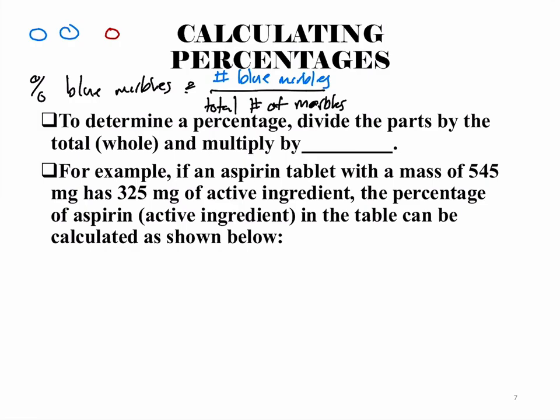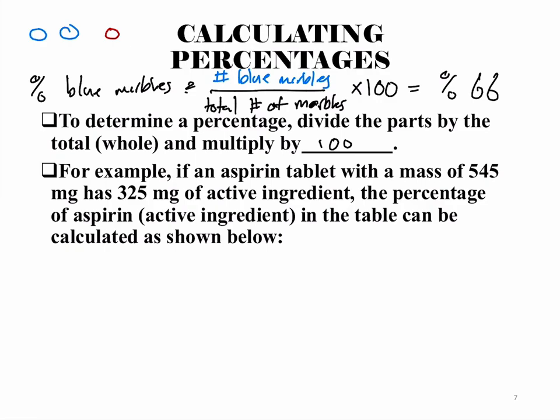If the blue is less than the total, then it's going to be less than 1, right? And so a percentage is a number usually between 0 and 100. What do we multiply by? 100, right? So we just multiply by 100. And then that will give us the percentage. So this would be 2 divided by 3, so that'd be about 66% is what we would get in that case.